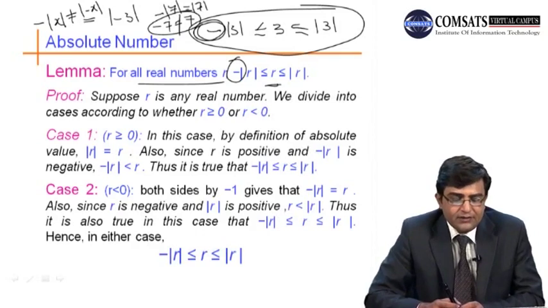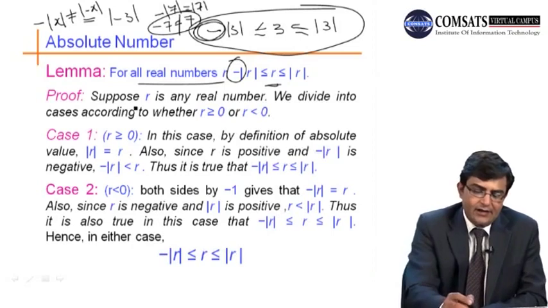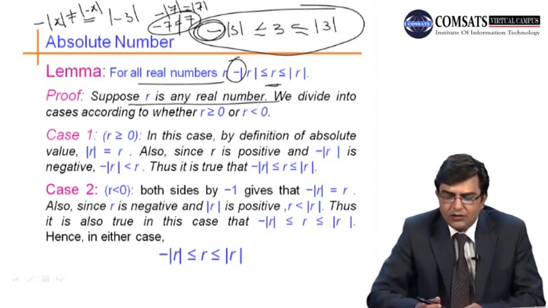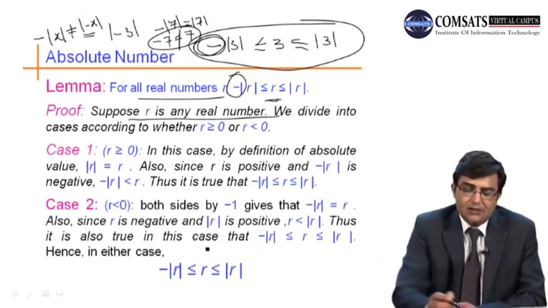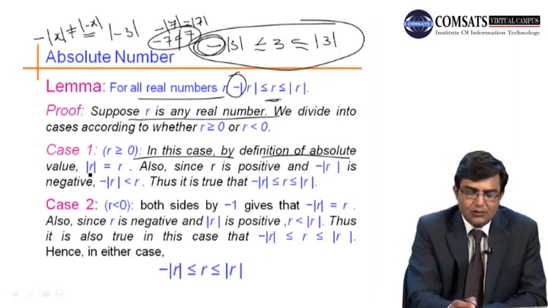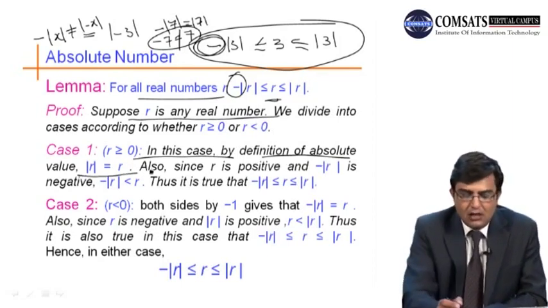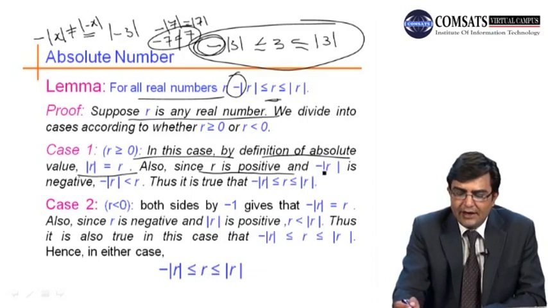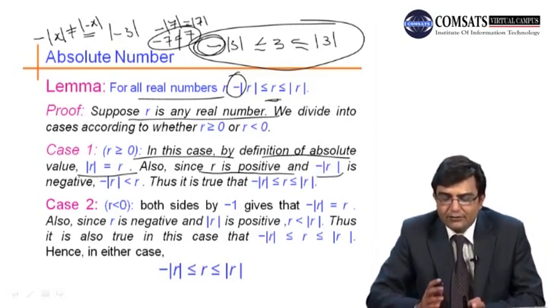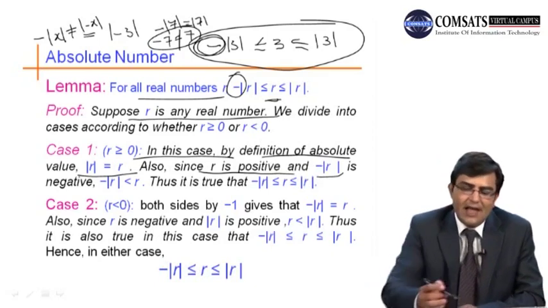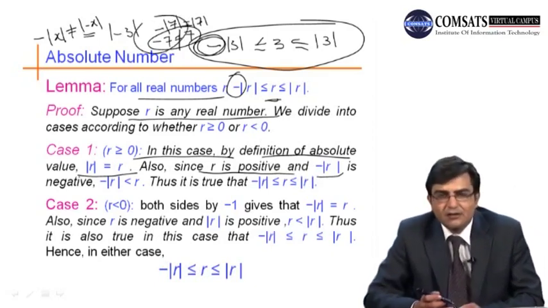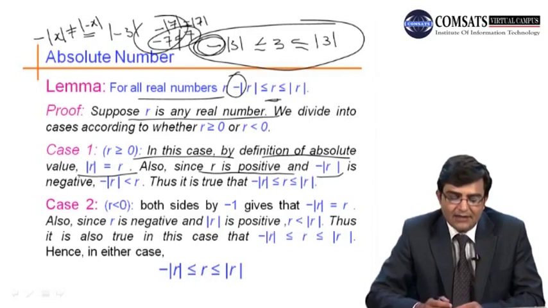So how can we prove this lemma, or small result? Suppose r is any real number. We take any real number r and divide it into cases according to whether r is greater than or equal to 0, or r is less than 0. If r is greater than or equal to 0, then by the definition of absolute value, the absolute value of r is r, and since r is positive, minus the absolute value of r is a negative number, as we have seen here that minus the absolute value of 7 is minus 7.